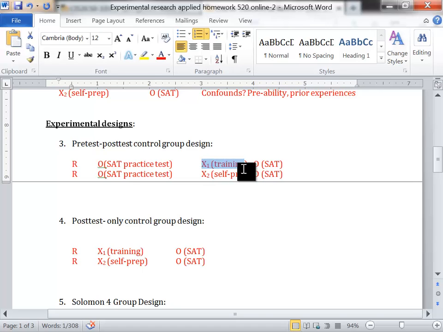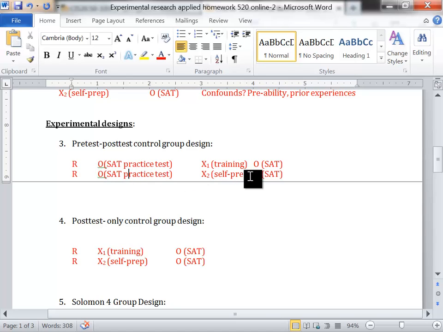Then we have the training, the 1 week online module, and then we have the SAT final test, the post-test. So the control group is, as you can see here, really the comparison group as well, and sometimes those two are referred to as the same in experimental research, because you're comparing this group with the other.